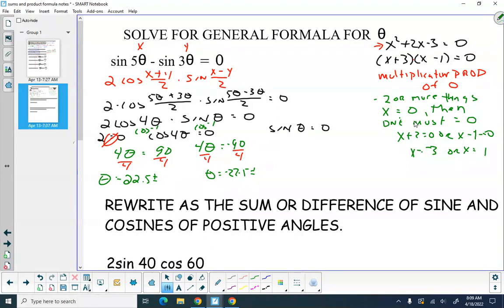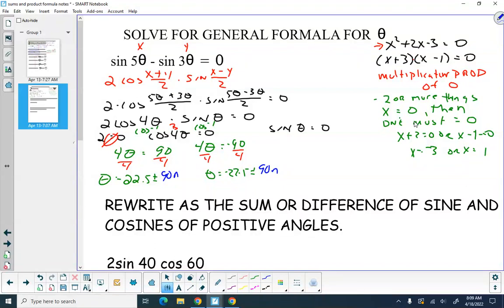Our b value is a value of 4. So Ethan, what would be the period then? 90, there you go. So we have plus or minus 90 n. Period is 360 divided by our b value.